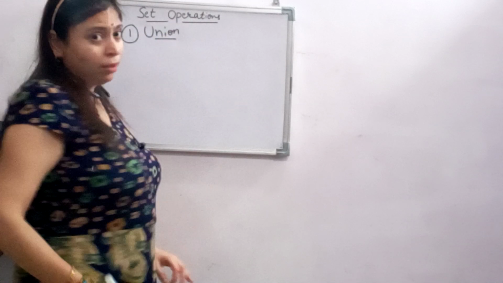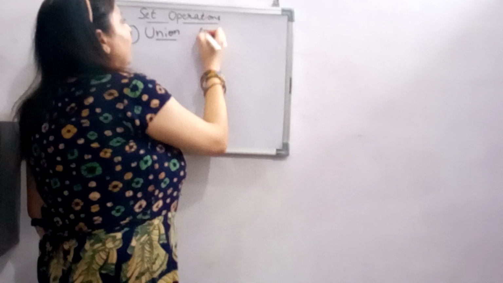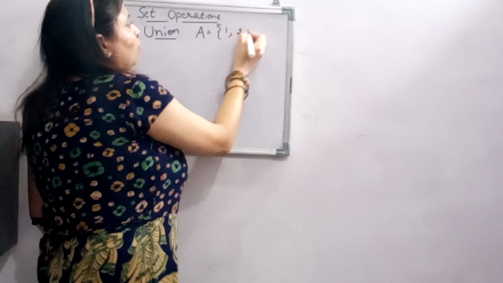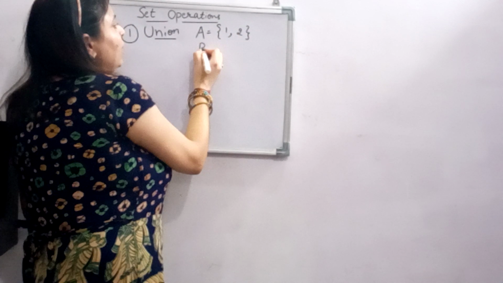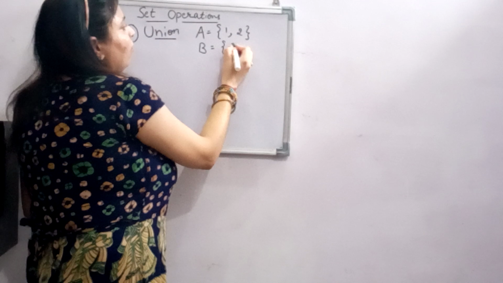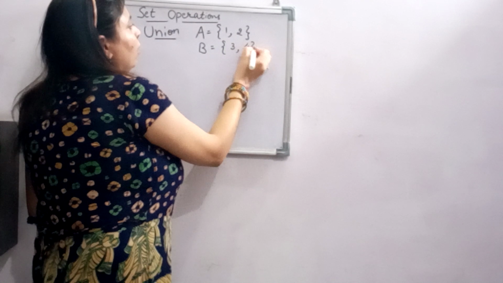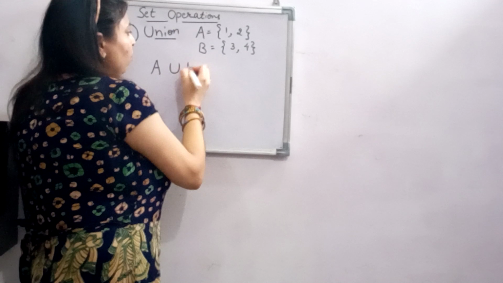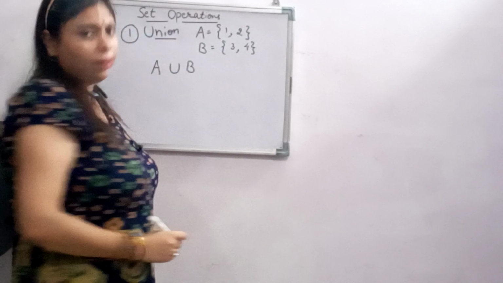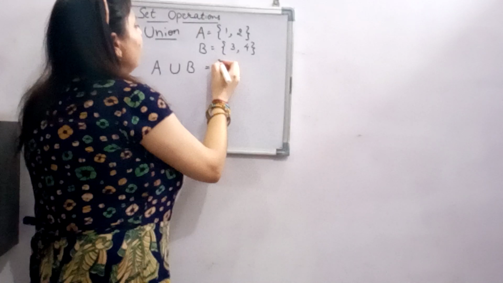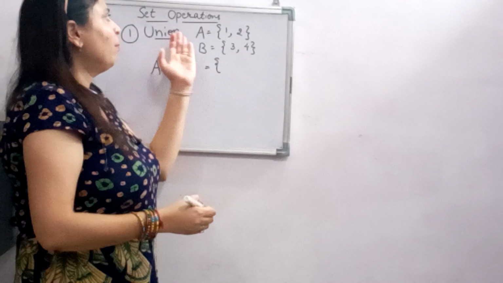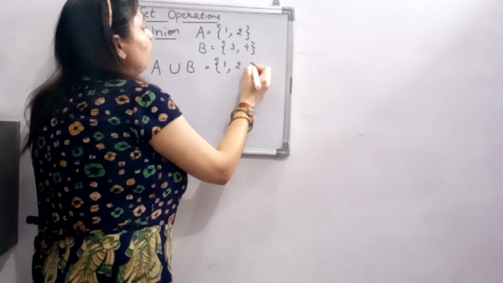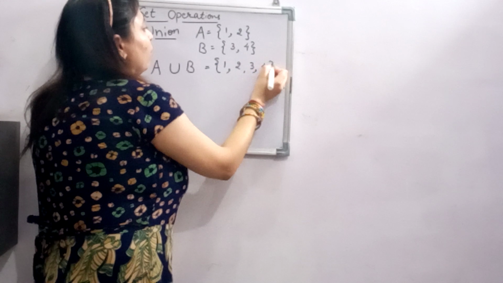What is union? Suppose A has elements 1 and 2 and B has elements 3 and 4. Now A union B, which is denoted by ∪, contains all the elements from A and B. That is, it has 1, 2, 3 and 4.